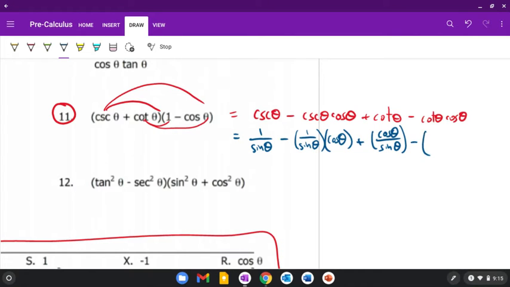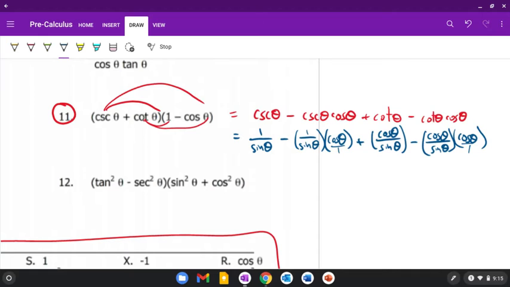Minus another cotangent, which is cosine of theta over sine of theta times cosine of theta. And if it's helpful, you could even write this over 1 and this one over 1 as well. All right, let's see what we get from there.